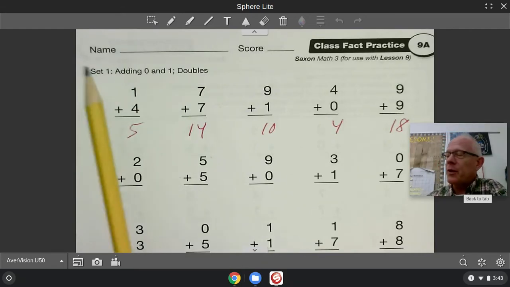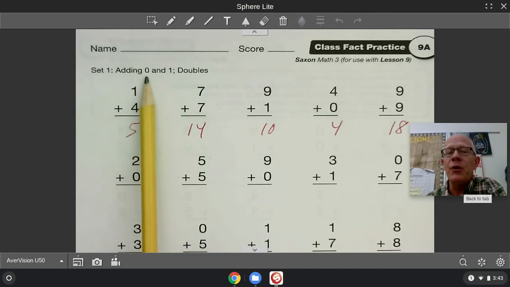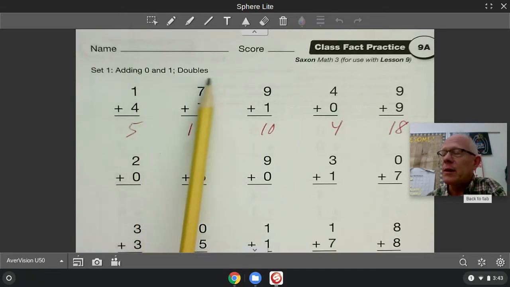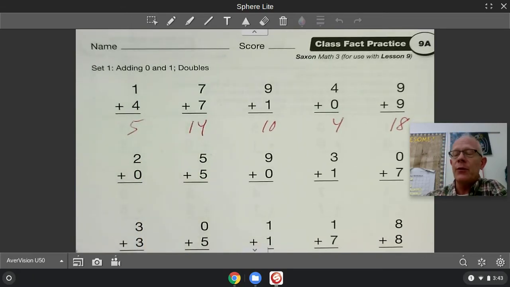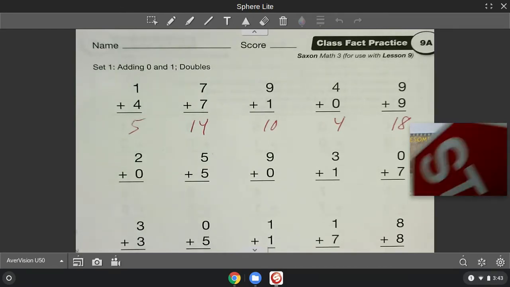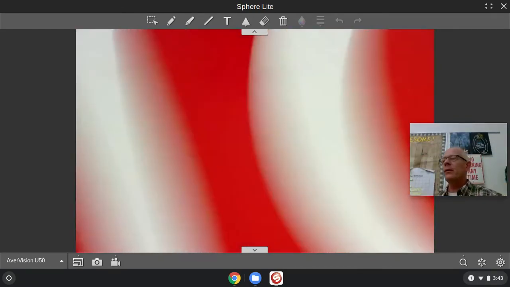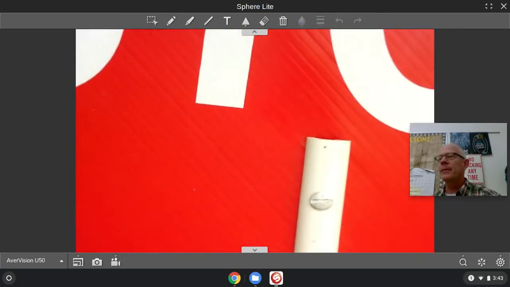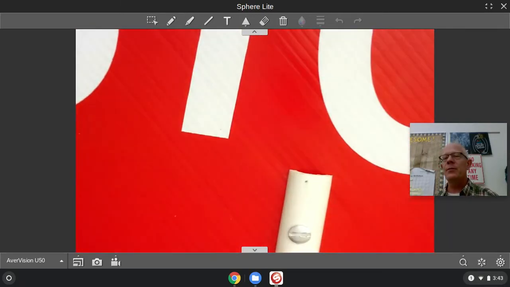So especially today, you want to make sure you know your adding 0, 1s, and doubles facts. So those would be the A cards. Okay, so I want you to work on this sheet too, and when you're done, come on back and we'll correct them. Okay, so right now, I want you to stop, pause the tape, stop the tape, work on your problems, and then come back.